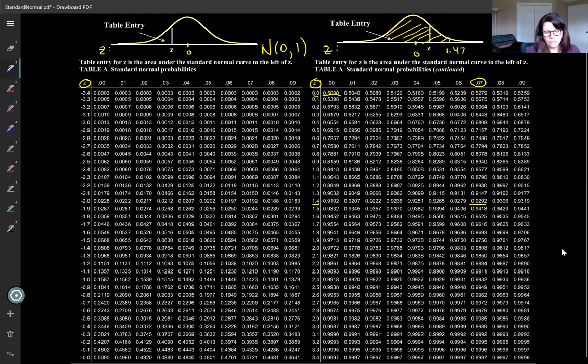So keywords in the questions would be less than, shorter than, or smaller than. Those are keywords that you know then to look up the value to the left. So just look up the value just as is on the table. Okay, so if you want, let's try another one. So let's say the Z score is negative 2.33, let's say.